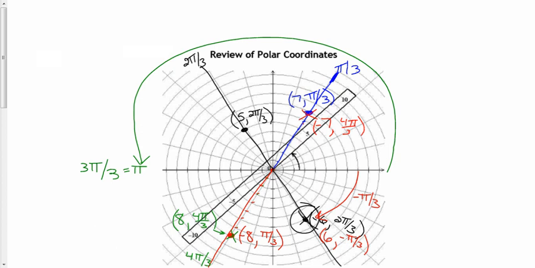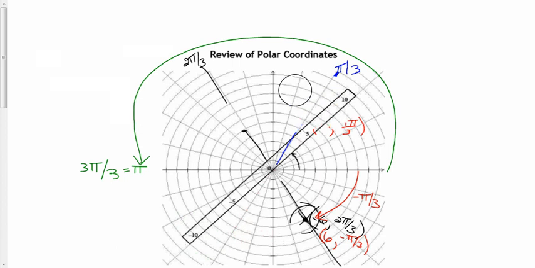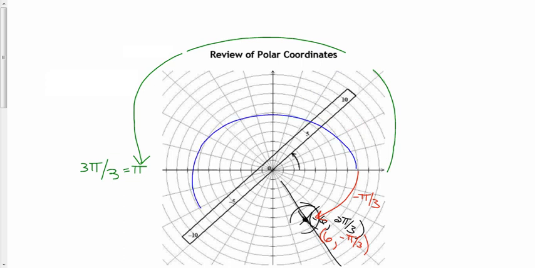This is where I'm going to start erasing what I have here. So if I go all the way around the circle this way, that's 3 pi over 3, 4 pi over 3, this is 5 pi over 3, and I would have +6, +5 pi over 3, and that's that same point.